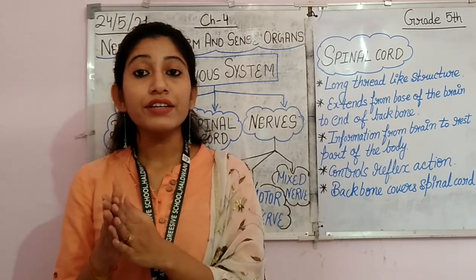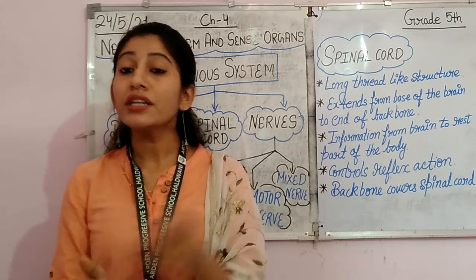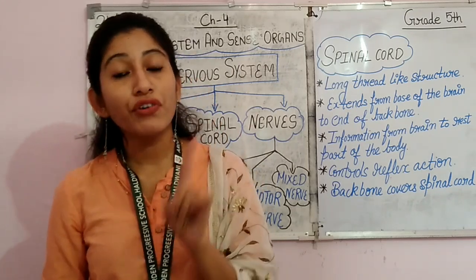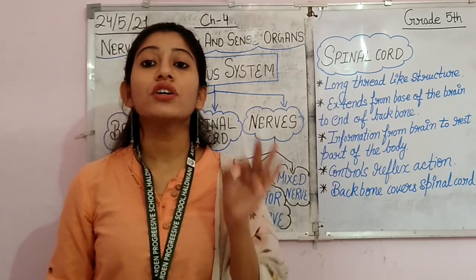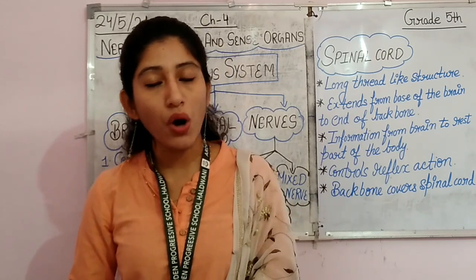So why is it so? That's why for the reflex action, the brain does not have any type of role. In reflex action, all the roles are played by the spinal cord.